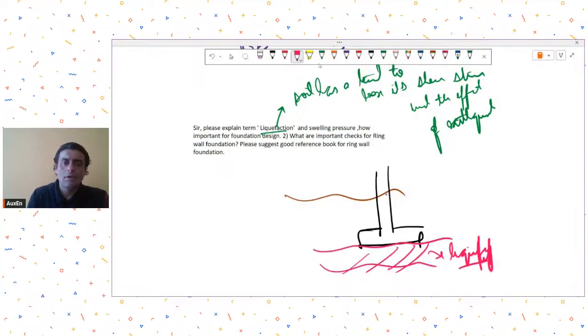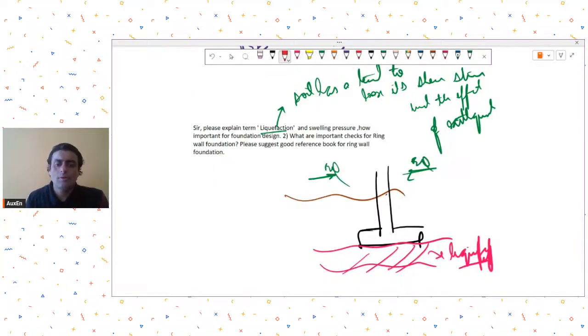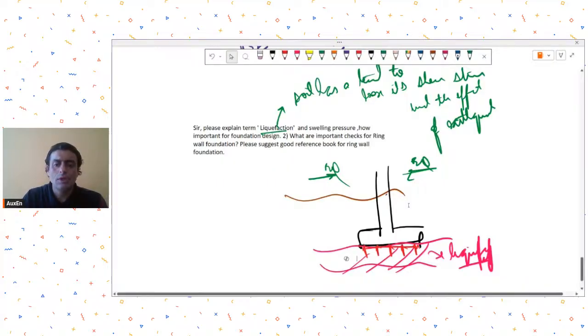In the event of seismic load or an earthquake, this strata will not be able to provide any bearing capacity or resist any bearing pressure. Do you understand? So this footing will collapse. Collapse means because the soil is not able to support it, the footing will no longer be able to resist the column loads. So liquefaction is what we need to avoid.